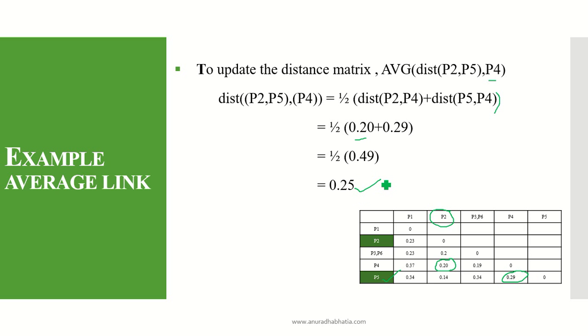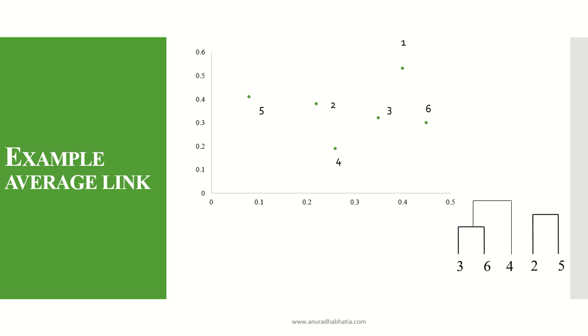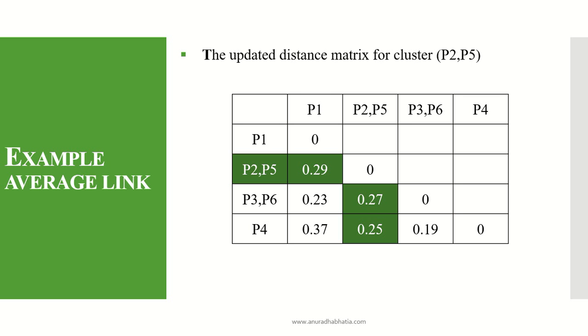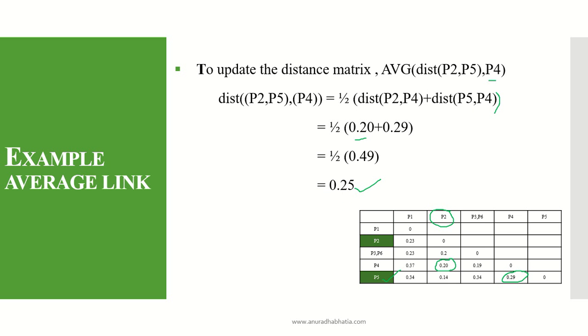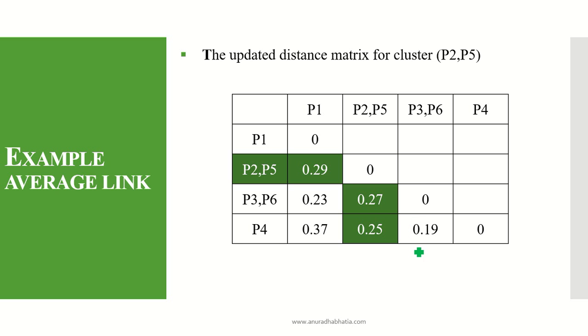Together 0.49, so I get the updated value as 0.25. So this is my updated cluster value. So we have 0.29, 0.25, 0.27 and 0.25. These are the updated cluster values.